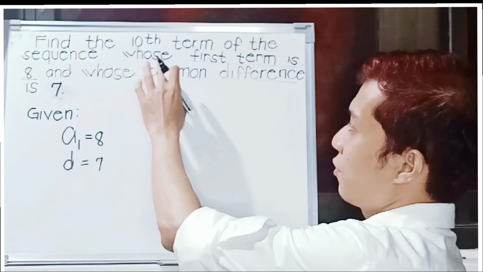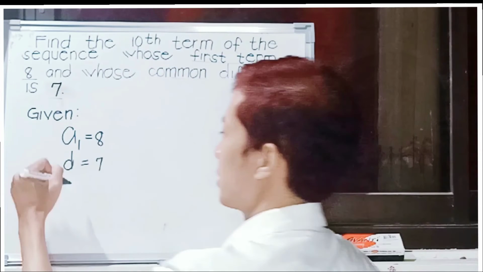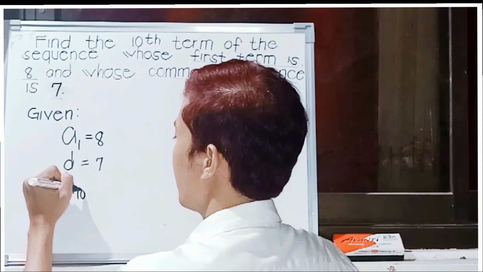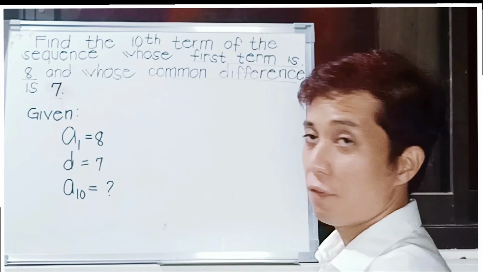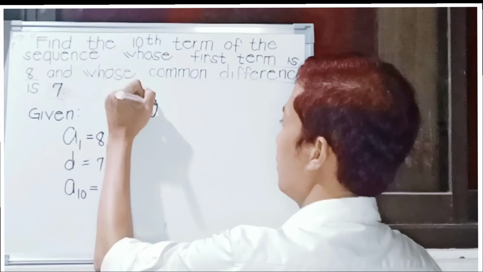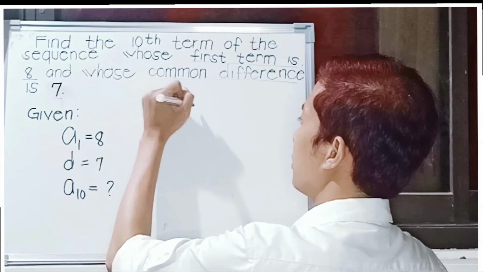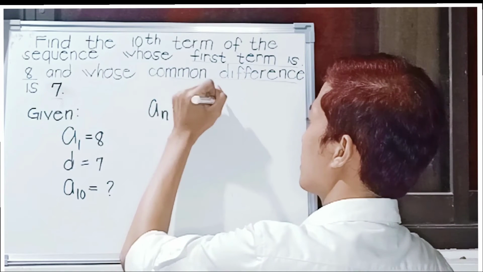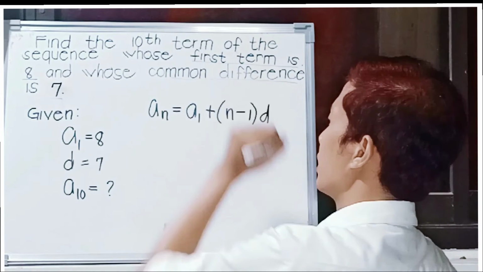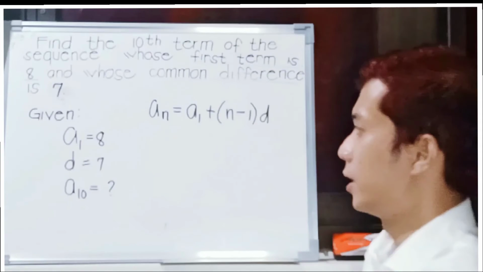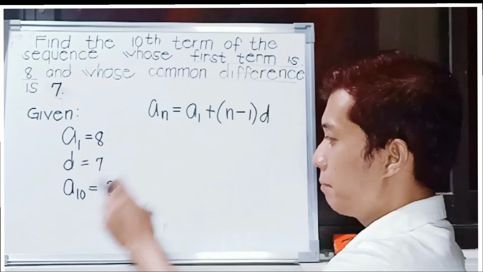We're asked to find the 10th term of the sequence. So a sub 10 is missing. So our formula is a sub n is equal to a sub 1 plus quantity n minus 1 times d. We're going to replace a sub n by a sub 10.